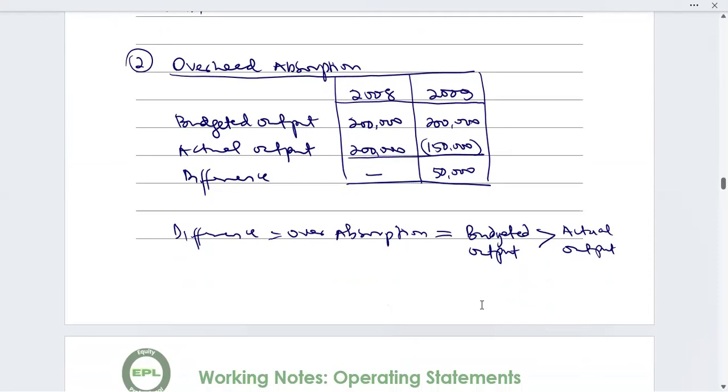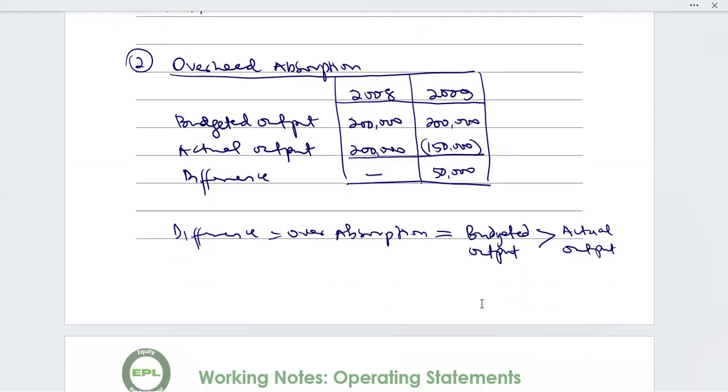When the budgeted is greater than our actual output. Well, the concept of adding it to the cost of goods sold, is that not we still trying to say that the cost of goods sold was high or something? I'm trying to understand why we're adding it.